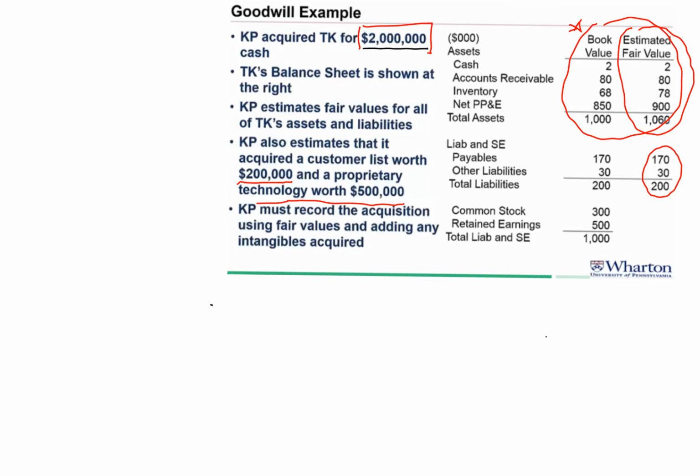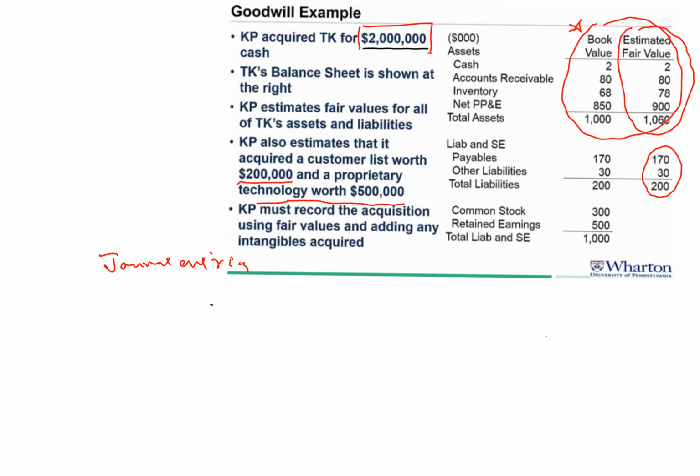So moving on, journal entries. Firstly, the most clear thing that we know is that cash has left us. We are reporting for the acquirer. Cash is an asset, so we are going to credit it to report the decrease.